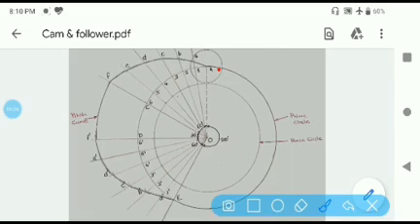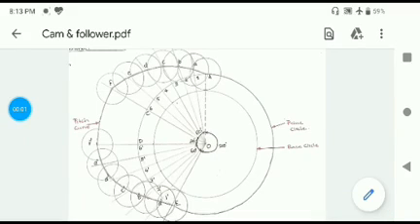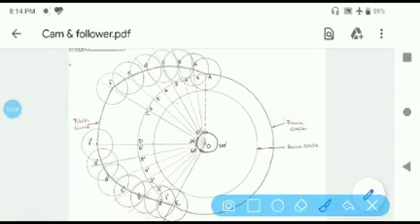Similarly, you draw circles from points A, B, C, D, E, F, F prime, E prime, D prime, C prime, B prime, A prime. At all these points as centers, you have to draw a circle of radius 15 millimeter. Now you can see here that I have drawn the circles at all those points.